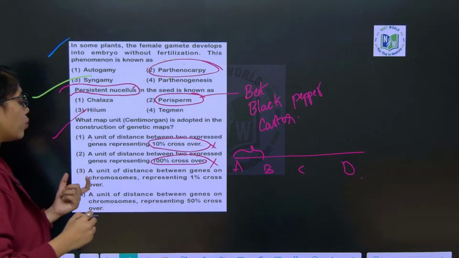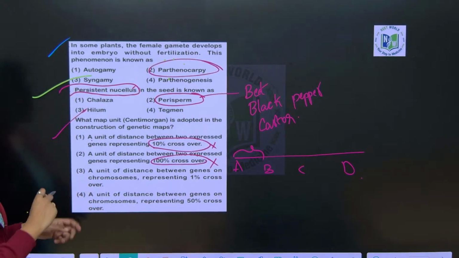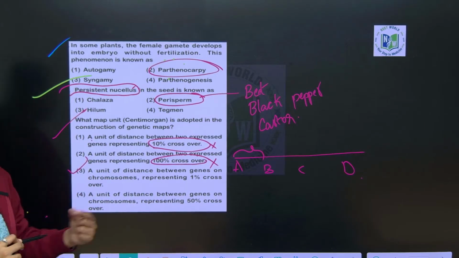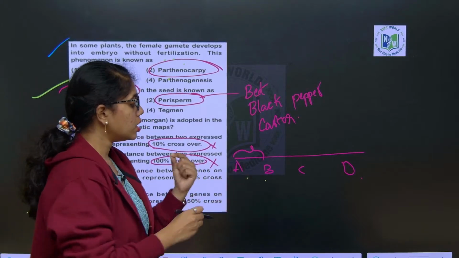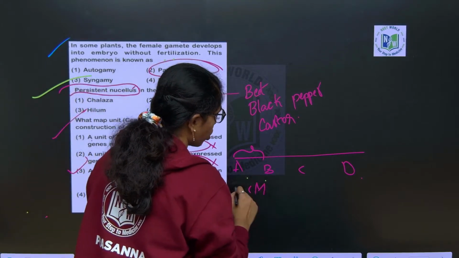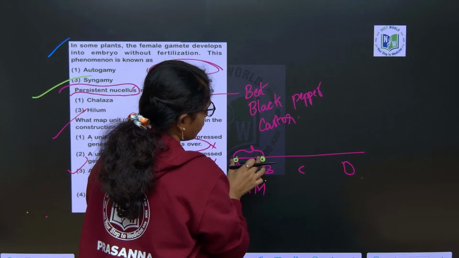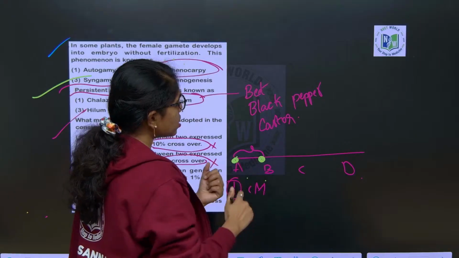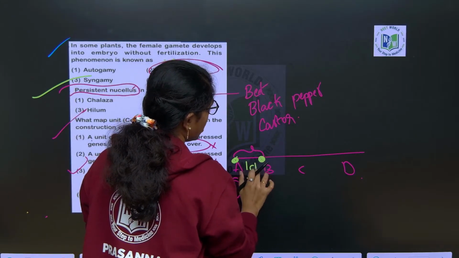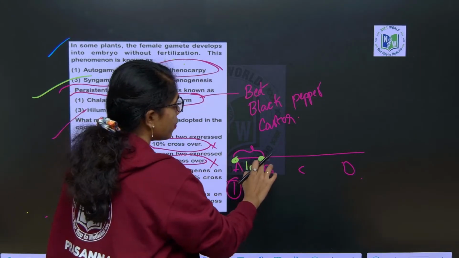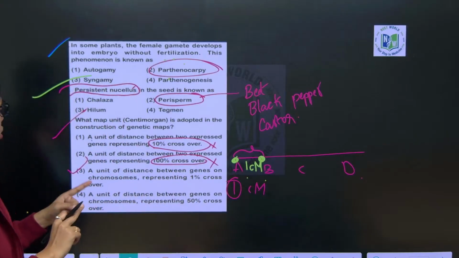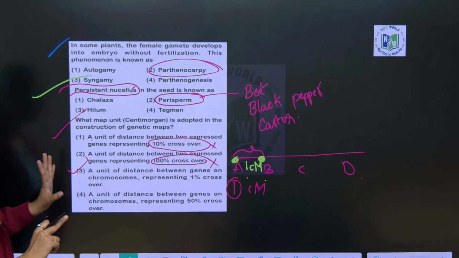No. A unit distance between two genes represents 1% crossover. Unit distance is represented as centimorgan, 1 centimorgan, or 1 map unit. So here statement 3 is the correct statement.